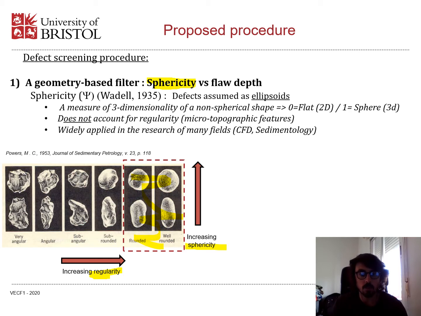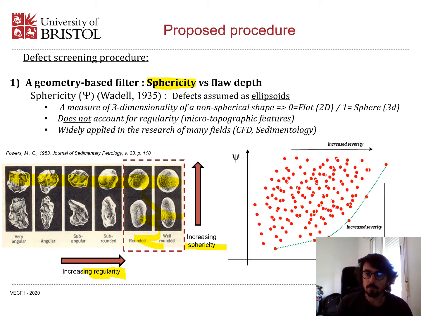If we could count with a regularity metric, then we would be able to distinguish and span this range of defects with the same sphericity but different regularity, which is not the case for this project. So that could probably be considered a flaw of the project.